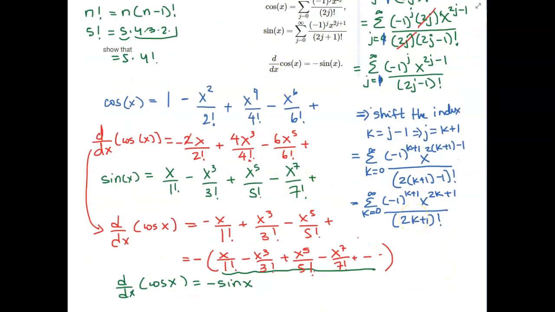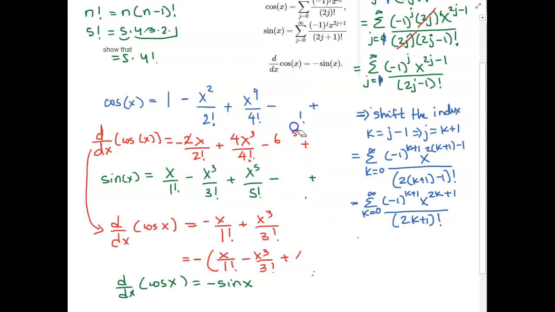Okay, let me erase a bit. So we're almost there. We can see that we want a negative here. So this is almost sine, not quite. So we're going to pull out a negative 1.